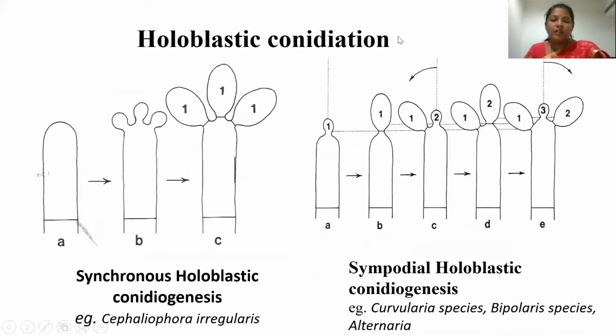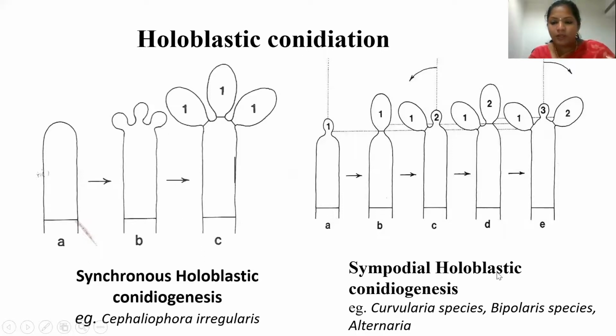So now we will see holoblastic conidiation. It is again divided into two types: synchronous holoblastic conidiogenesis and sympodial holoblastic conidiogenesis. Synchronous holoblastic means at the same time all the buddings will be formed for producing the conidia. That's why it is called synchronous.